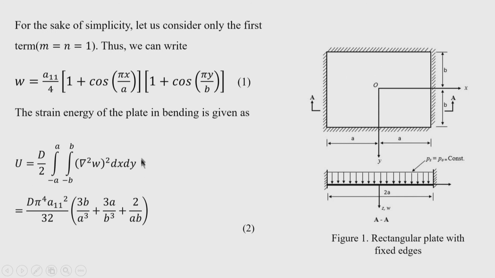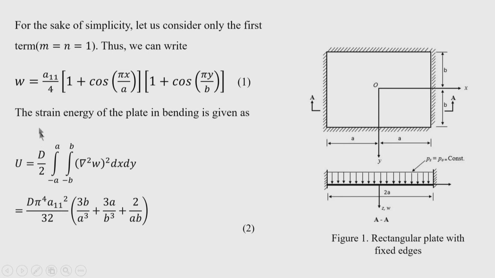So, integrating this expression, we get the total strain energy of the plate: D pi to the power 4 A11 square divided by 32 into bracket 3 b by a cube plus 3 a by b cube plus 2 by a b. Now, you can see in this expression an A11 square term is appearing.